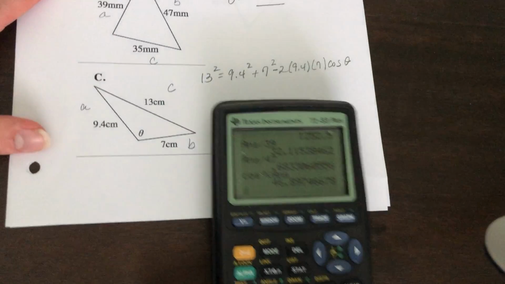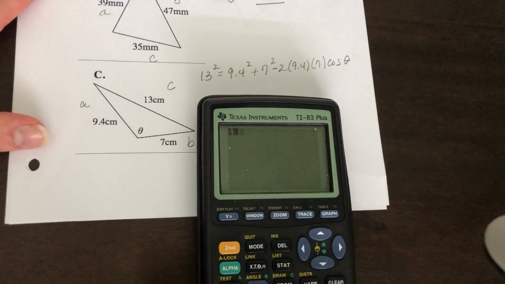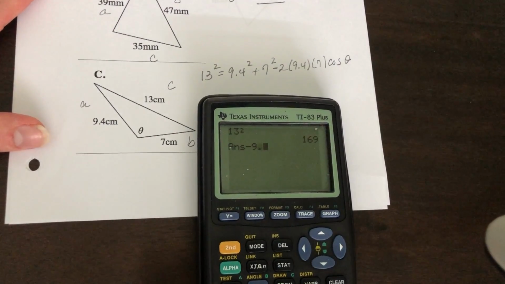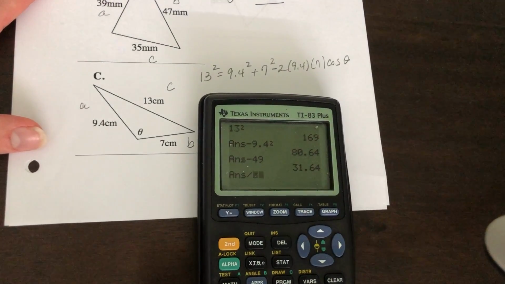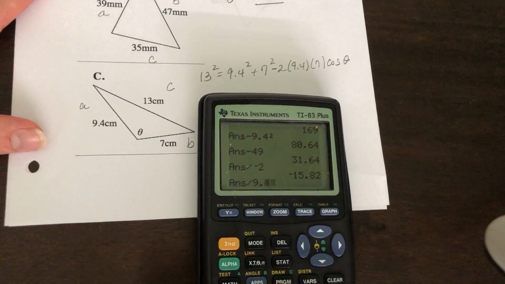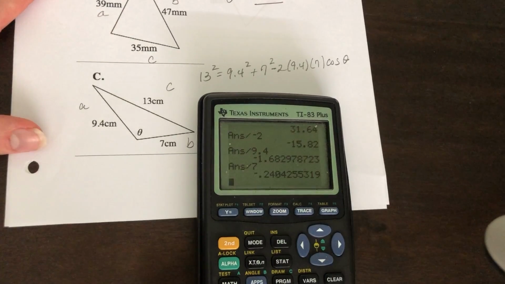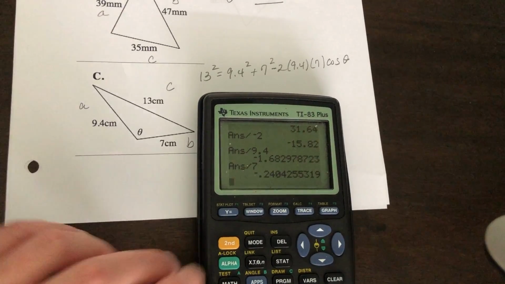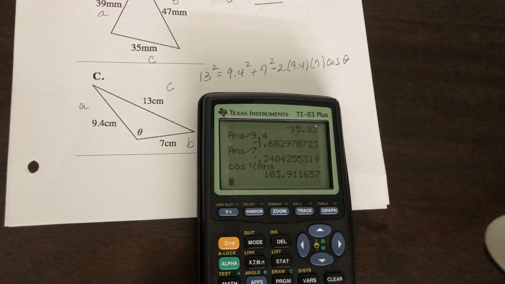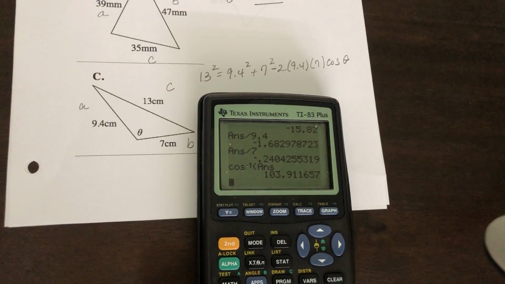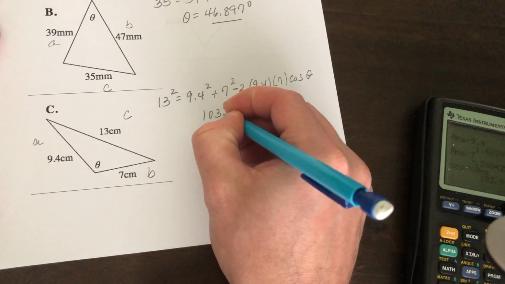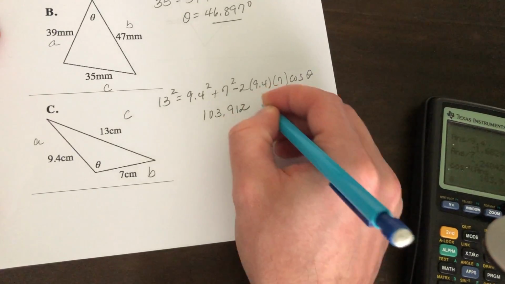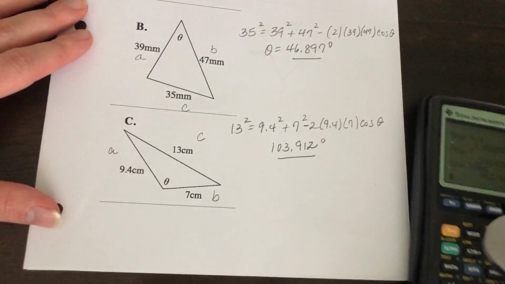Okay, just like I did earlier in the calculator, I'm going to do 13 squared minus 9.4 squared minus 49 divided by negative 2 divided by 9.4 divided by 7. Okay, so we're going to inverse cosine to get our angle, and we get 103.912 degrees. Okay, and that's all there is to it.